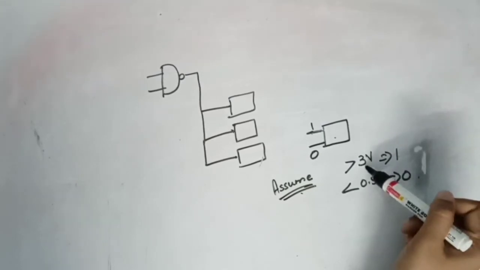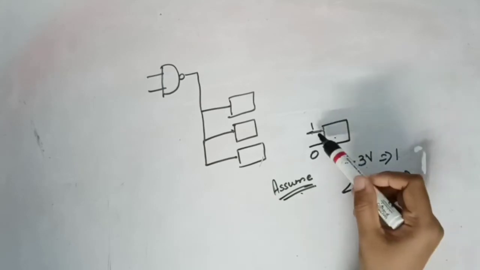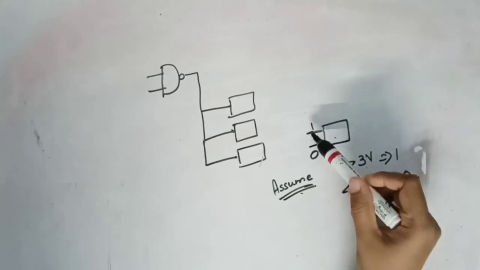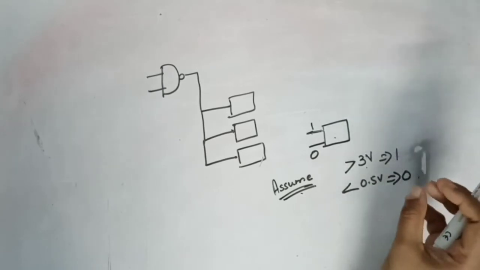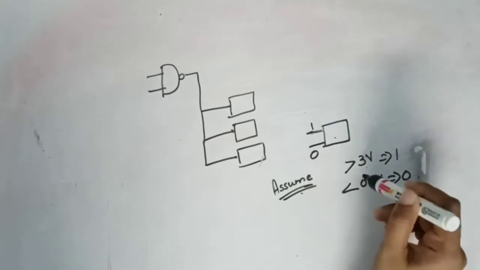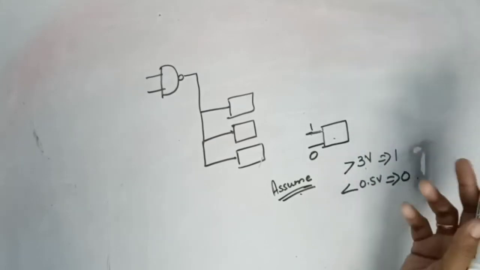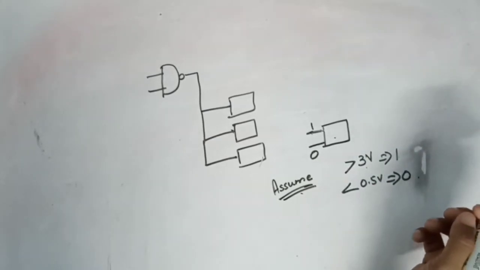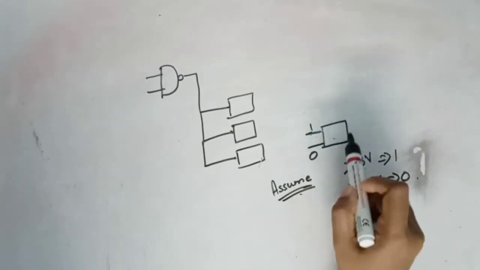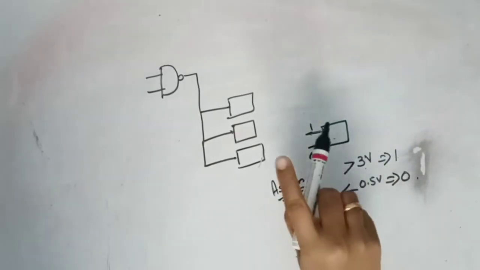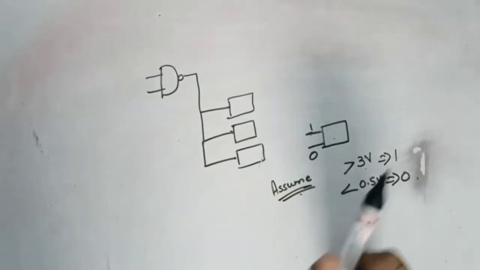Minimum 3 volt should be applied so that it is considered as a 1. There will be a particular current associated with this 3 volt. Above that, the current will also increase. So minimum so much current should flow to the input of a gate so that that particular voltage is treated as a 1.